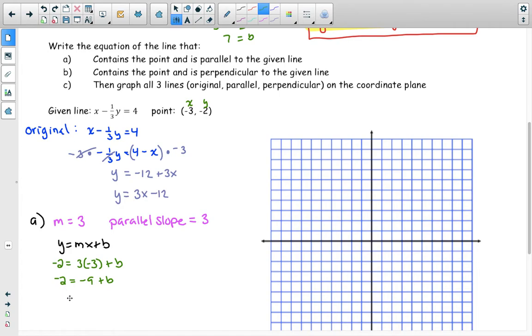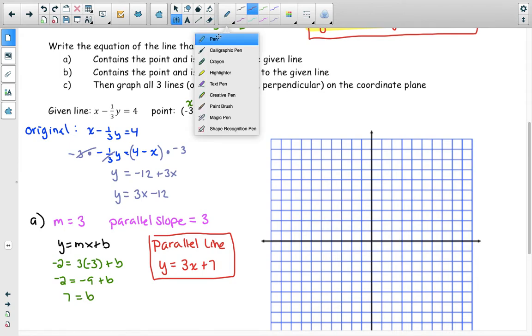We get a positive 7. Again, just a coincidence. So our new y-intercept is 0, 7. That lets us know that the parallel line equation is y equals positive 3x plus 7, because we have the same slope and the new y-intercept. This is the parallel line equation.